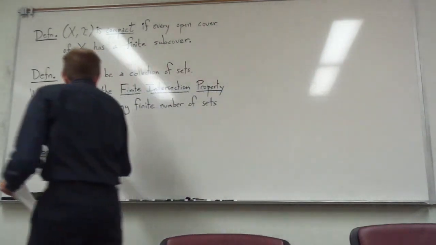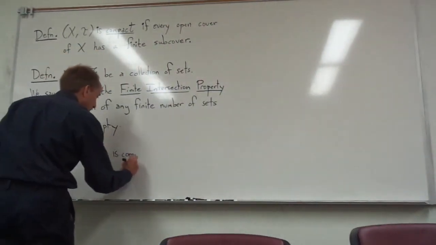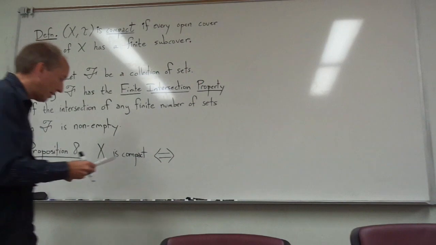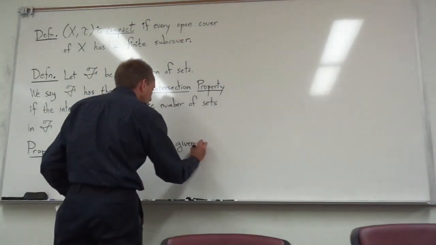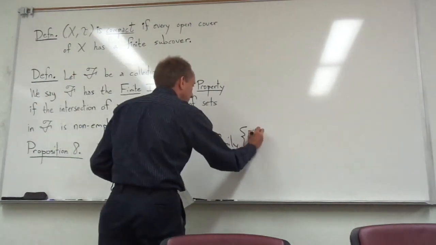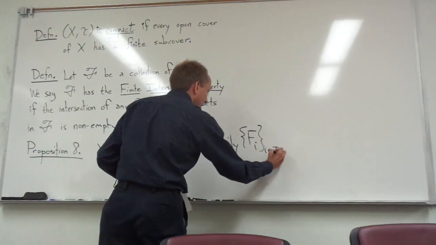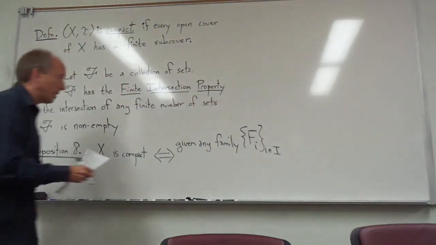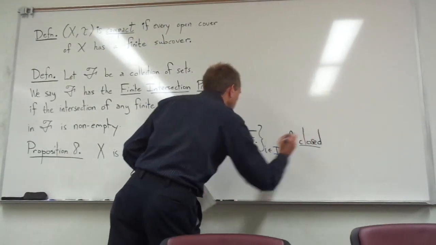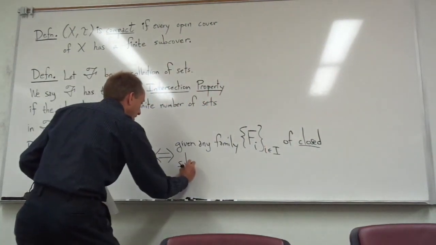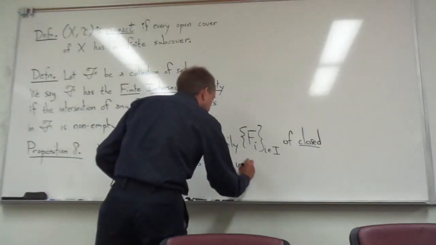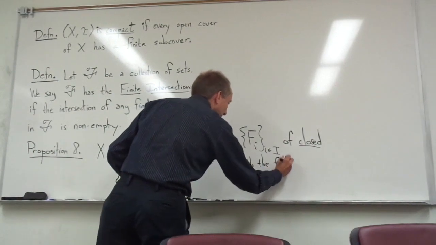And it just says the following: X is compact if and only if, so we're going to have a way of describing compactness here, given any family, I'll call it the set of F sub I, where I is in capital I, some index set, given any family of closed subsets of X with the finite intersection property.